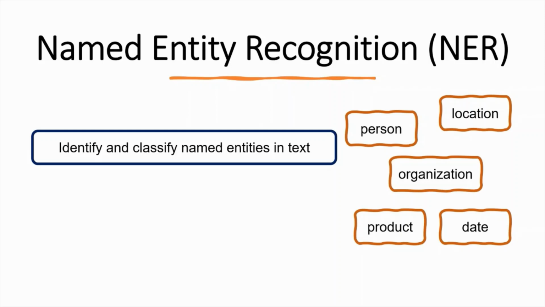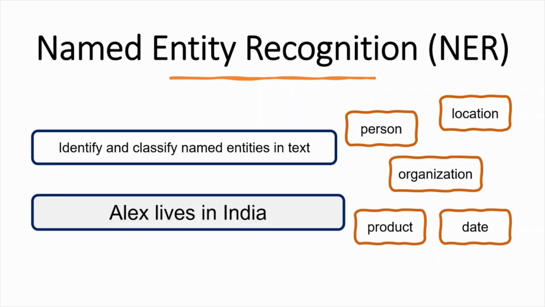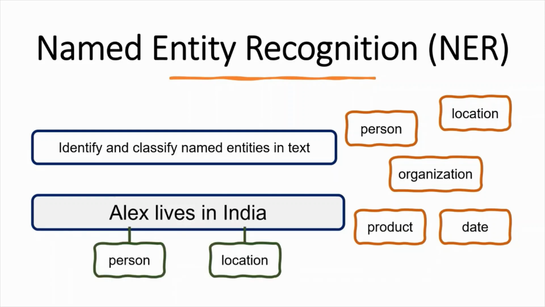The NER will provide the entity label along with the corresponding text as output. In the example, Alex lives in India. Alex is tagged as a person entity and India is tagged as a location entity.